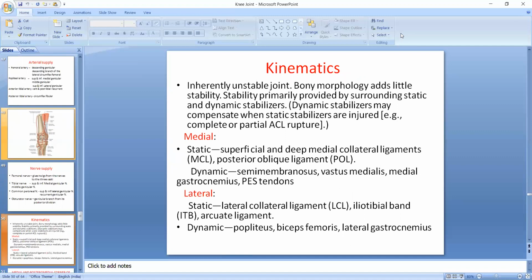Kinematics: the knee is an inherently unstable joint. Bony morphology adds little stability. Stability is primarily provided by surrounding static and dynamic stabilizers.